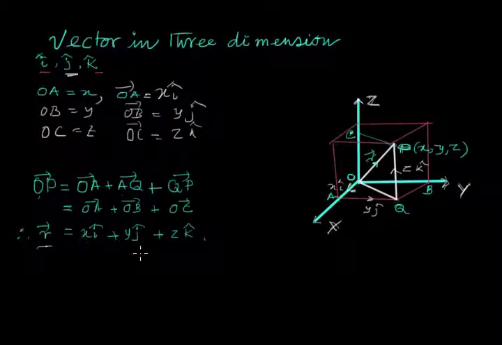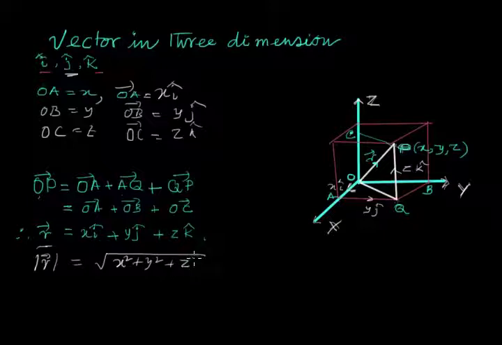We define a 3-dimensional vector x i plus y j plus z k. So the magnitude of R is equal to root over x square plus y square plus z square.